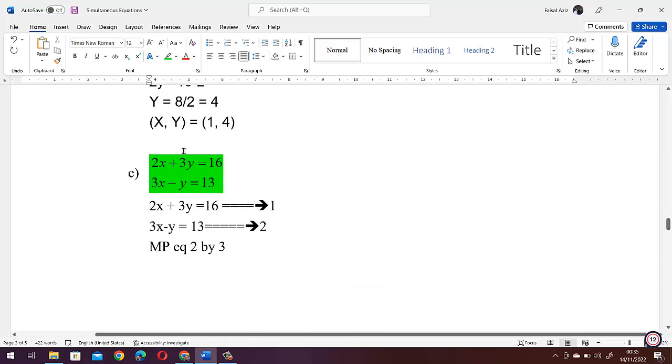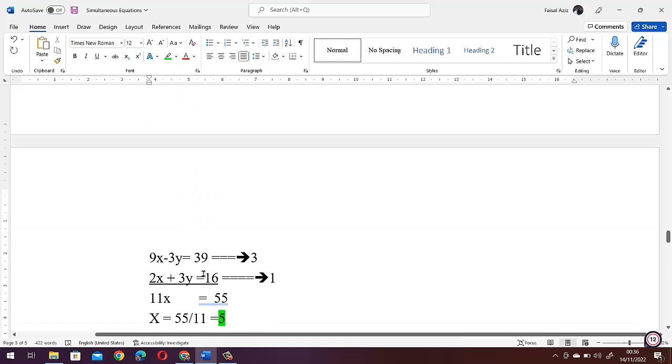Similarly, when one of the variables is positive and another is negative, you can multiply the equation with the appropriate number to equalize one of the variables, and then add both equations. By adding, one of the variables will be cancelled, and after calculations you can figure out the value of one variable, and after getting it you can put it in any of the equations.